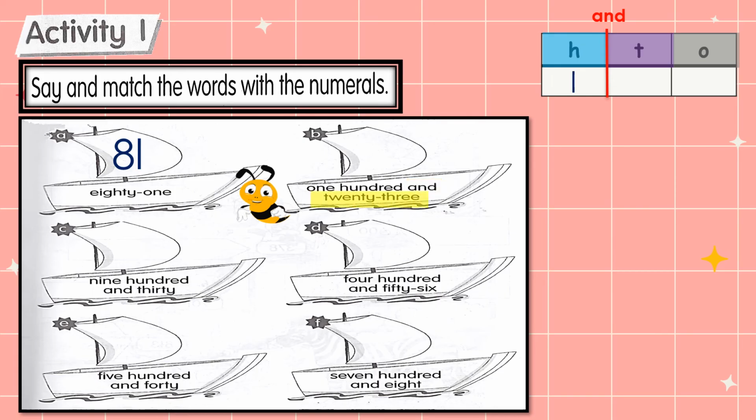Yes, 23. So we write 2 in tens and 3 in ones place. So the answer is 1, 2, 3. For the other questions, try to do it yourself. You can use the same technique.